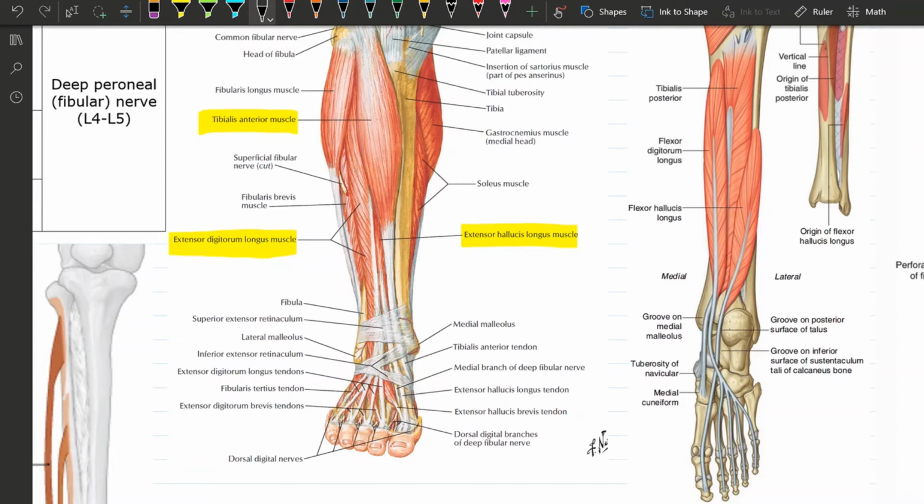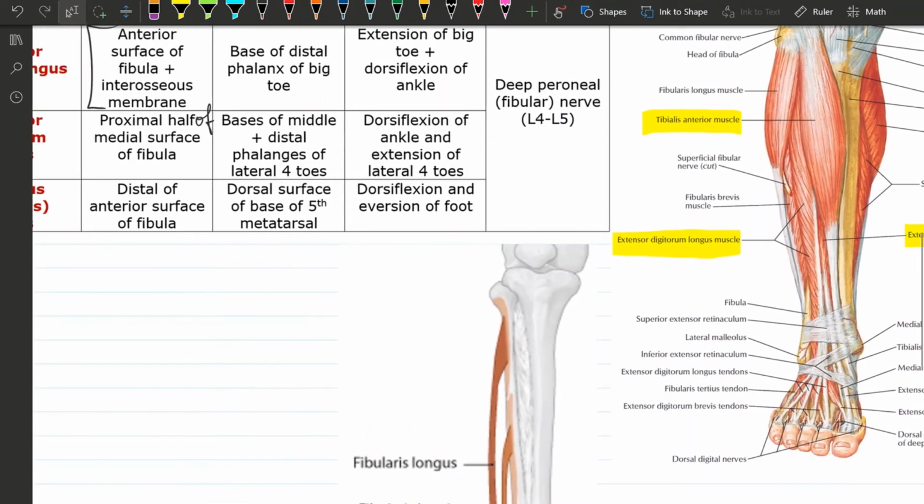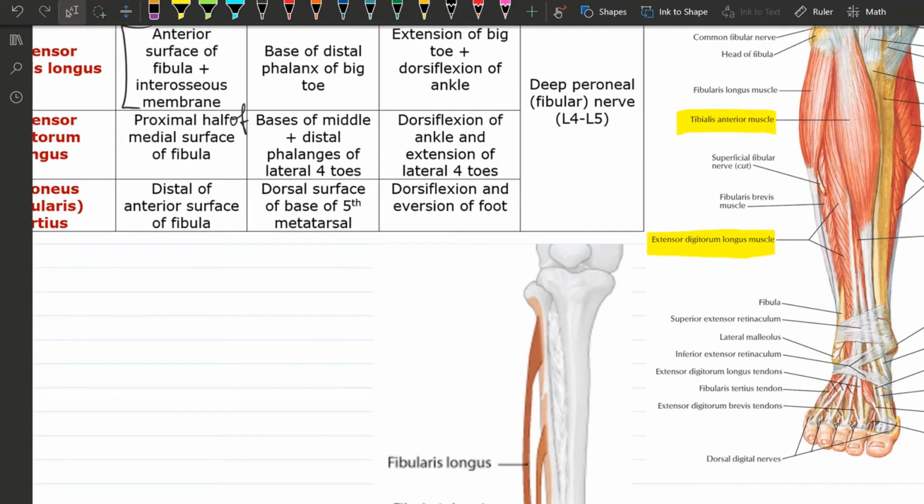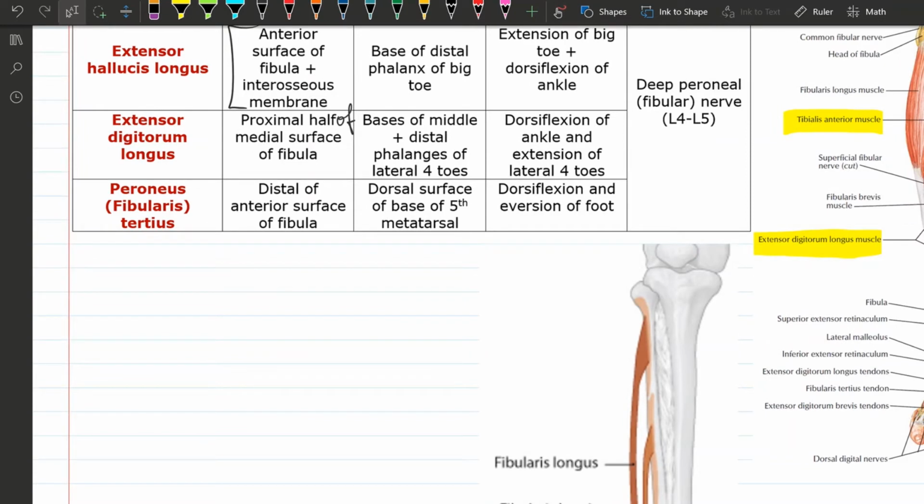The extensor digitorum longus is also going to be originating at the fibula. Specifically, if we look back, it is the proximal half of the medial surface of the fibula, spelled right here.